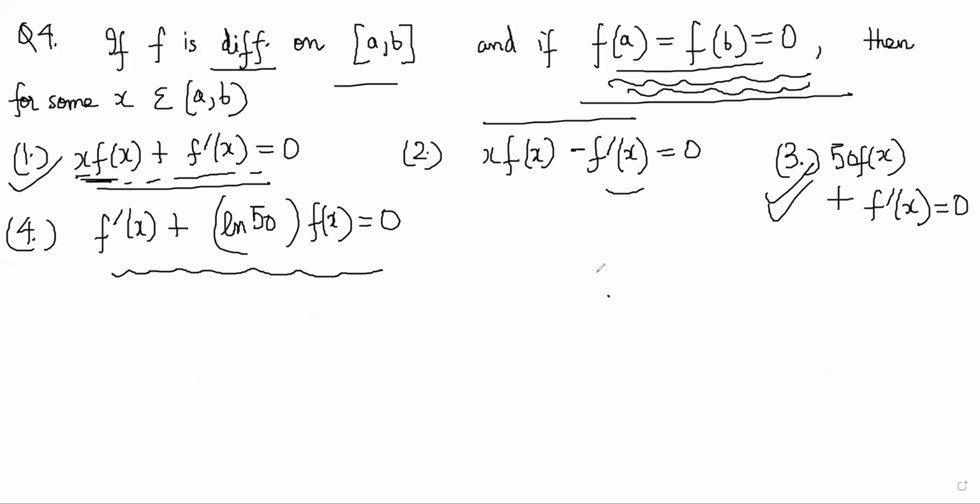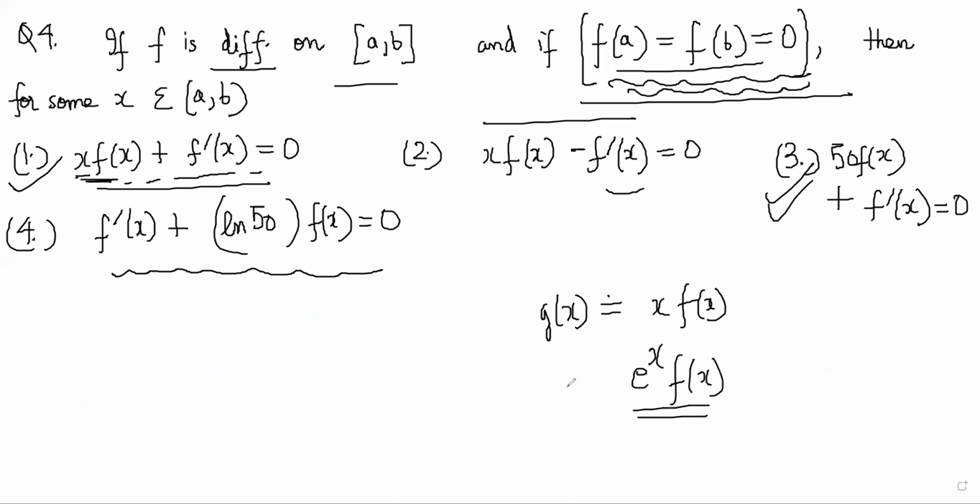You have to guess a function, and it should be coming in terms of your f only. Common guesses are x f of x, or f of x plus something, or e power x f of x. These types of guesses are common. Anything that doesn't tamper with the differentiability of f. Anytime you are constructing a G which doesn't change the differentiability and is itself differentiable, that is fine.